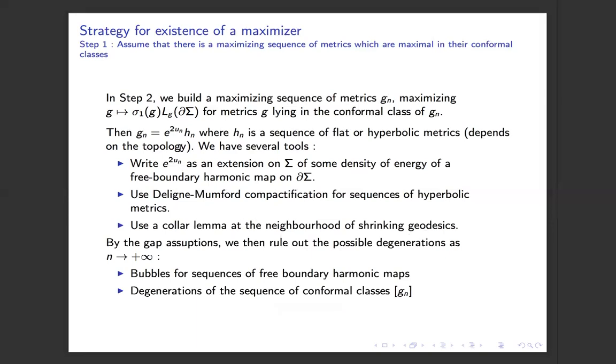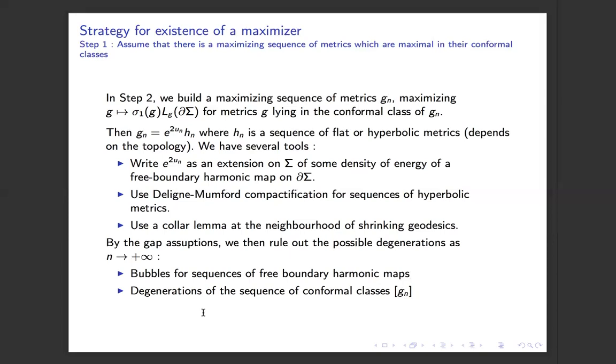And thanks to these tools, we are able to say that by the gap assumptions, we can rule out the only possible degenerations as n goes to plus infinity. The first degenerations are bubbles for free boundary harmonic maps here, and the other ones are degenerations of conformal classes.